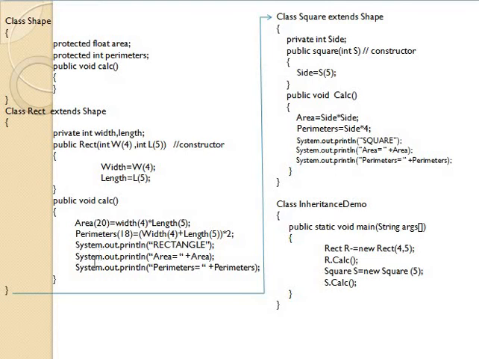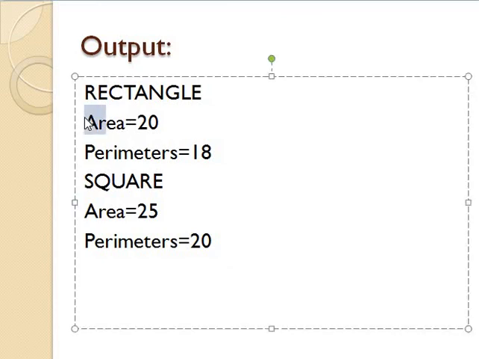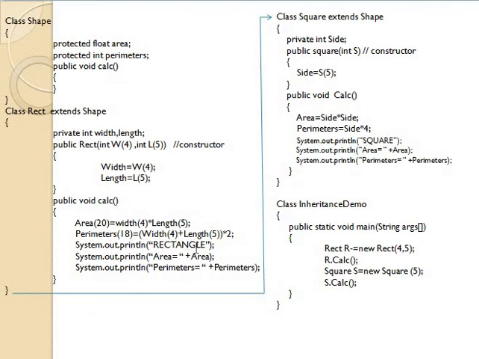Then come to the next line. It says system.out.println, within inverted quote you have the text area equal to. So in the next line, the text area equal to gets displayed exactly as it is. Then something has been added to this text.